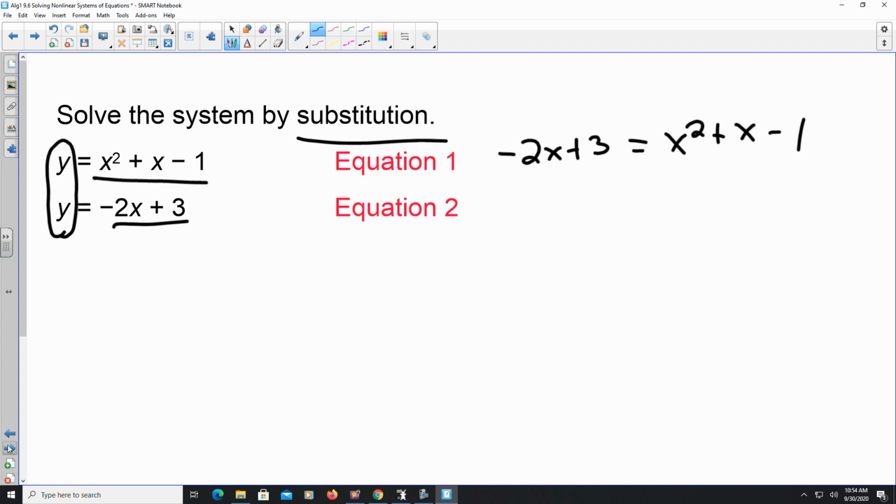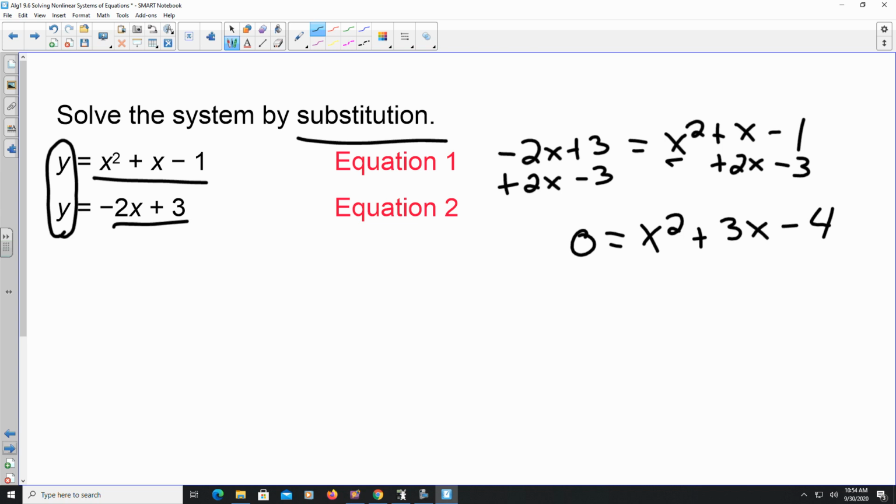All right, because we have this quadratic here, we need to set our equation equal to 0 in order to solve. So that means I'm going to add 2x and subtract 3 on both sides. So now I got 0 equals x squared plus 3x minus 4. Okay, so I'm hoping I can factor this. If I can't, I probably have to use the quadratic formula.